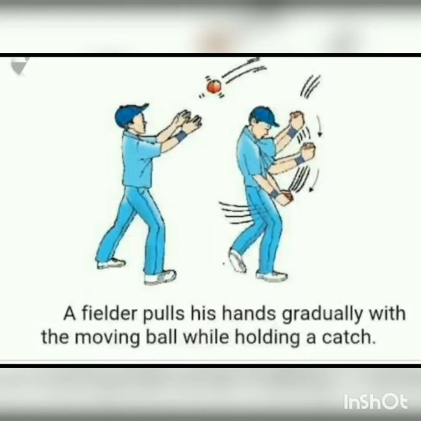But if the cricketer pulls back his hand along with the ball, he takes a longer time to stop the ball. The force exerted on the hand of the cricketer by the fast moving ball is less when he withdraws his hand. So, the cricketer avoids the chance of injury to his palms by withdrawing his hand along with the moving ball while catching it.